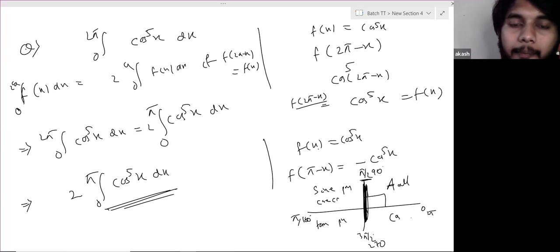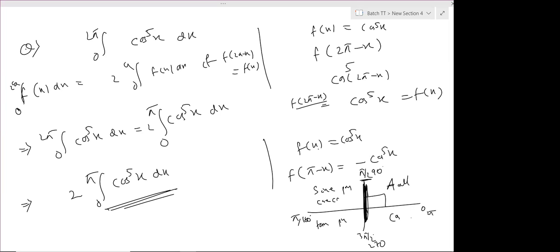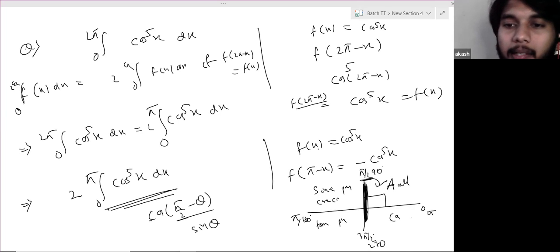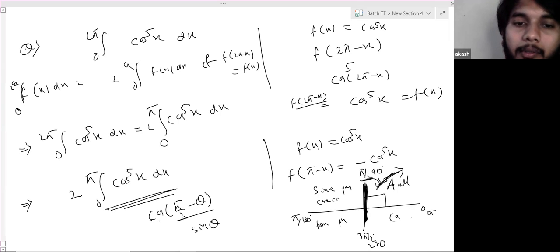And you can also see in which quadrant the final result lies. Suppose we have cos of pi by 2 minus theta. It becomes sine theta, because in the vertical line cos will become sine. Pi by 2 minus theta lies in the first quadrant, and in the first quadrant cos is positive, so positive sign.